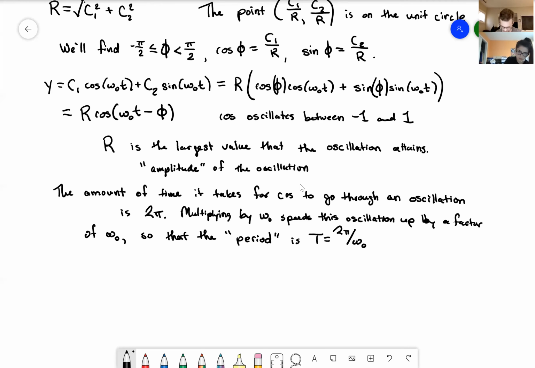So the larger the omega 0 is, the faster this omega t goes through that 0 to 2 pi span of time.